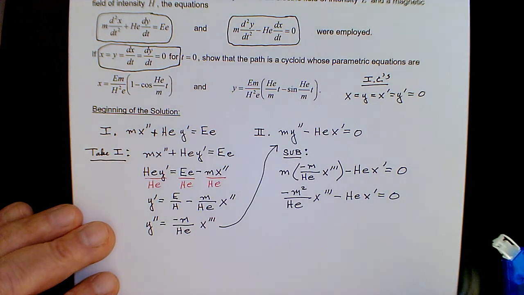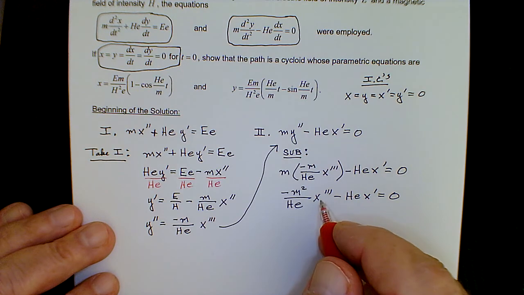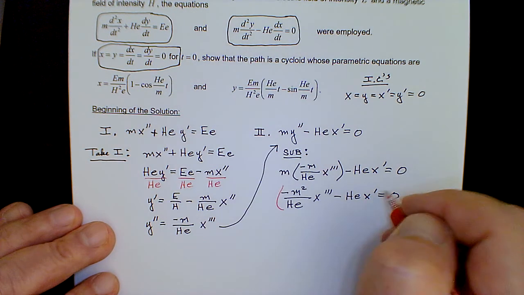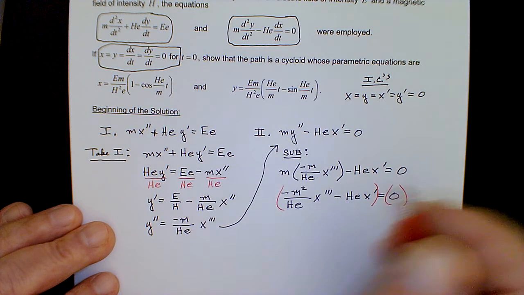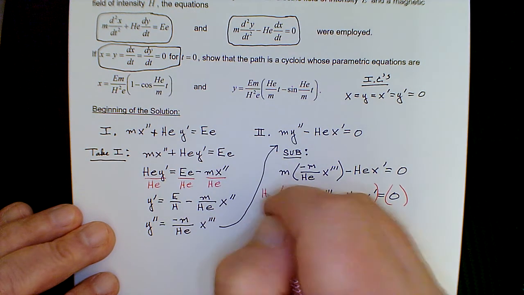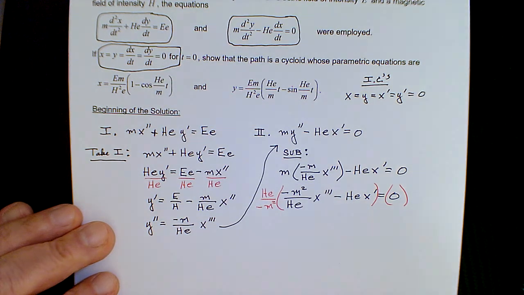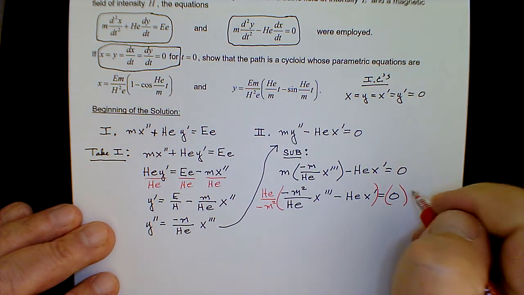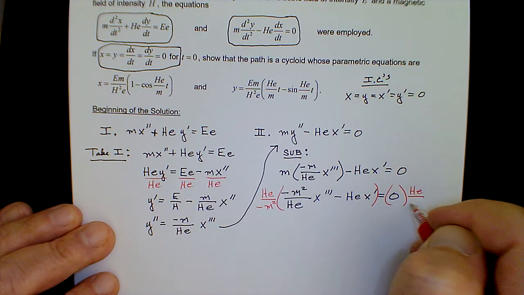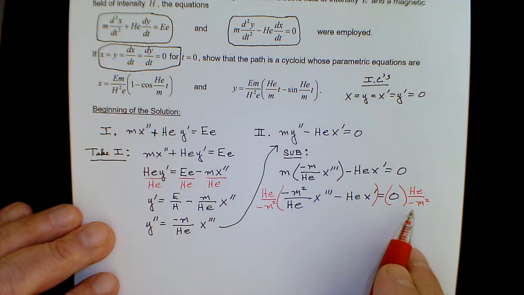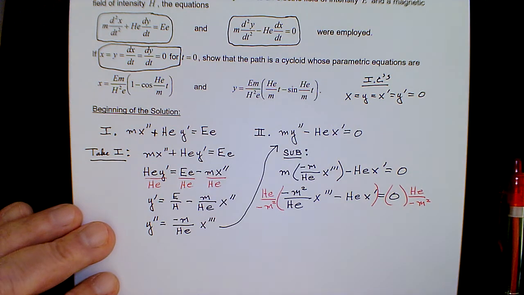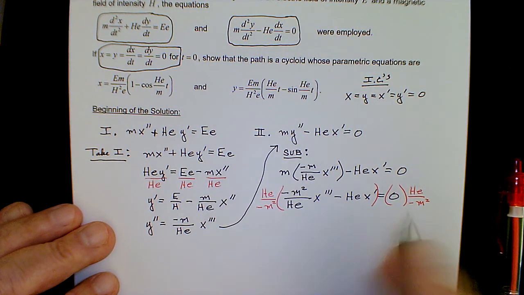The easiest way to solve this is to first make the coefficient of x triple prime equal to 1. So we're going to multiply both sides of the equation by the reciprocal, h e over negative m squared, and so the right-hand side is multiplied by that as well. Now, when you do this, be careful. If it's non-homogeneous, make sure you multiply the right-hand side as well, because it will make a difference. In this case, it won't, because you're just going to get 0.